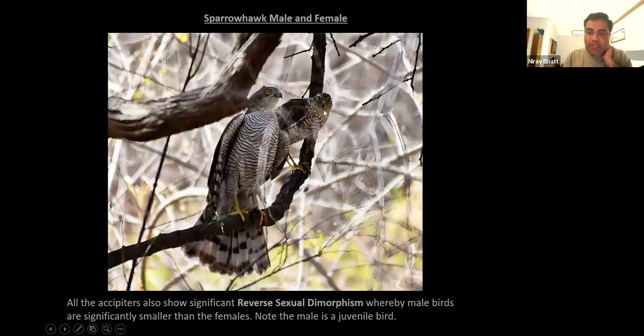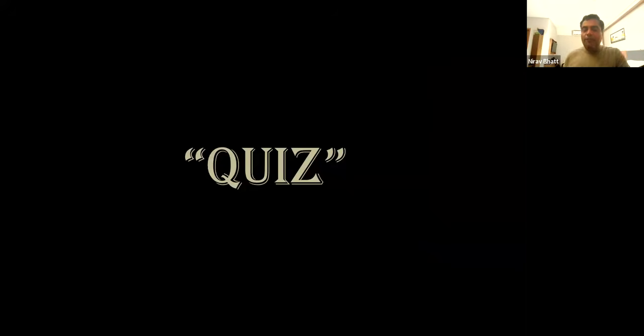This is an adult female and that's a juvenile male. What do we see here? Once again, thick, long tarsi, long feet, dark eye mask, absence of gular stripe, prominent streaking, fine barrings here. So this is how we identify Sparrowhawk, and see the size difference here. So we should not identify by size alone. I hope this is clear.